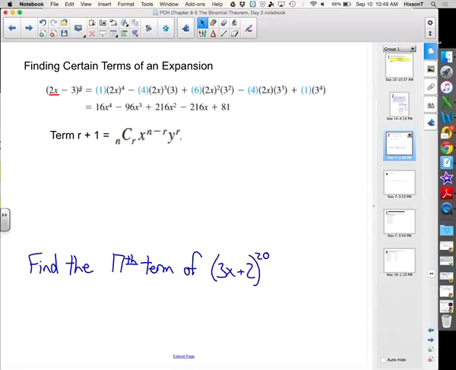Also, one thing that we recognized when we were doing this fourth term, the term number is going to be one more than whatever r is, because you start counting at 0. So, you start counting terms when r is 0, so it's always one more.